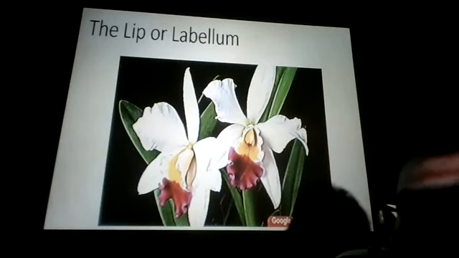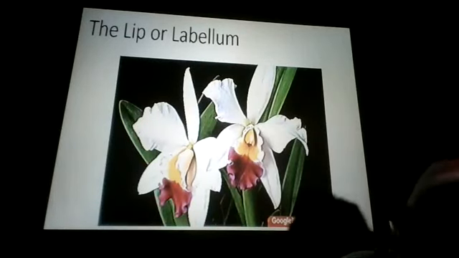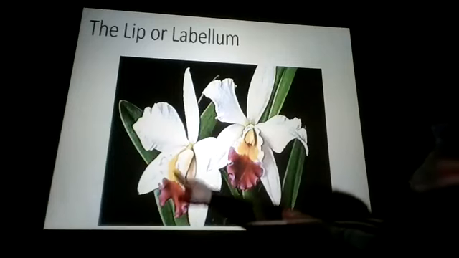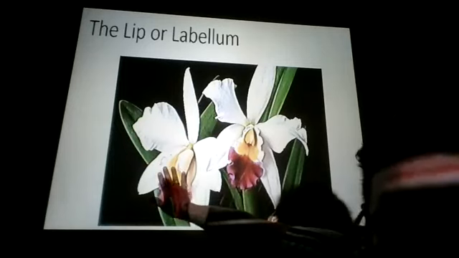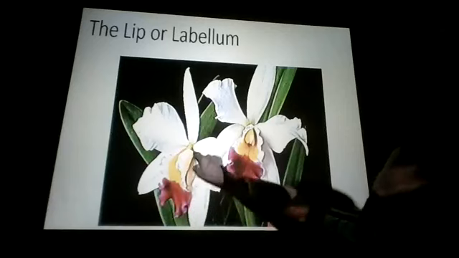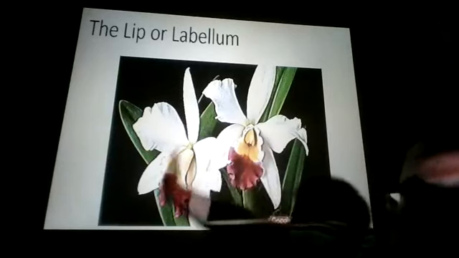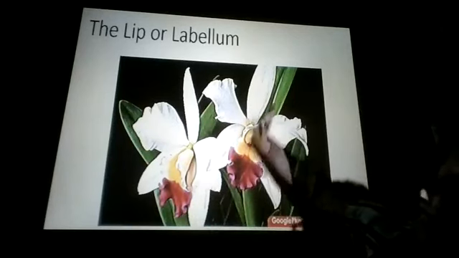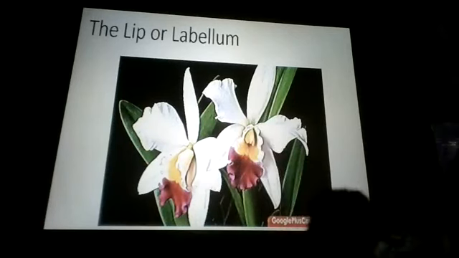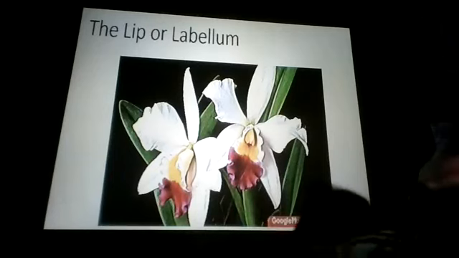Now, what makes it bilateral is the lip, because without this lip, if it was just a regular petal, it would be radial symmetry, because any way you cross it or put the mirror or divide it, you're going to see an exact same image.